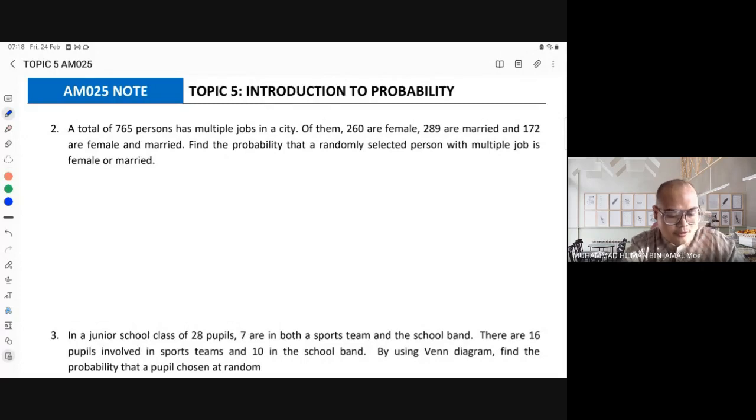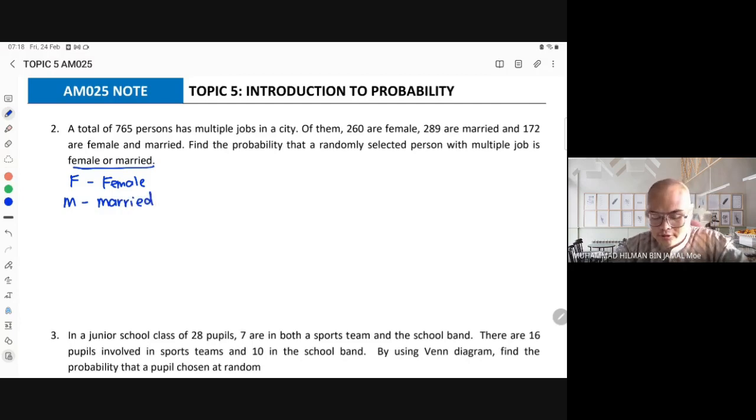Okay, so basically yang dia nak adalah female or married. So let's say, cakaplah F ni adalah female dan M ni adalah married.